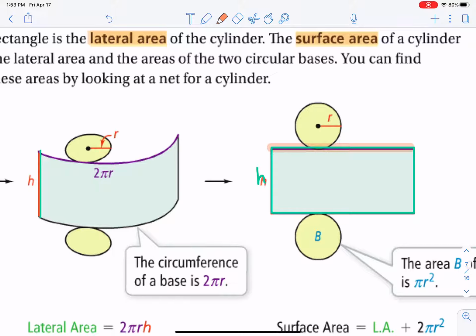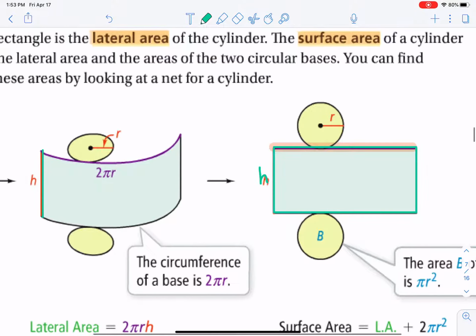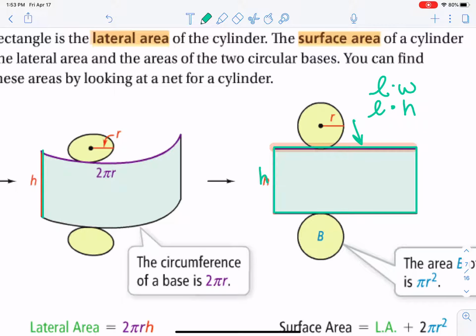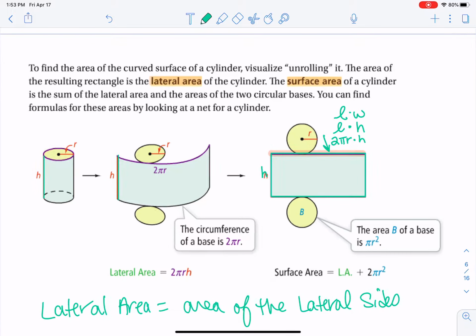So length times width. But that width is our height, and then our length is kind of still our length. But this is the circumference of the circle. So that length is circumference, which is 2 pi r. So that's where they get this formula, 2 pi r times the height.